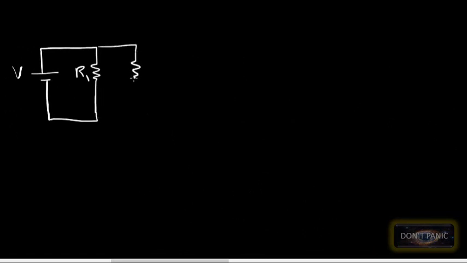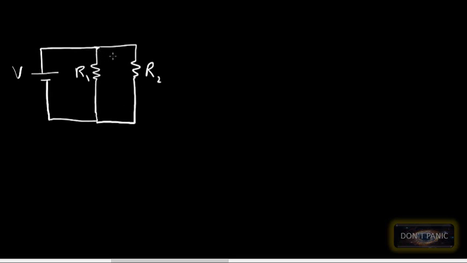Alright, so now let's look at resistors in parallel. So let's say you have two resistances, R1 and R2, and they're connected in parallel across the battery. Okay, so now how do you know that these two components are in parallel?